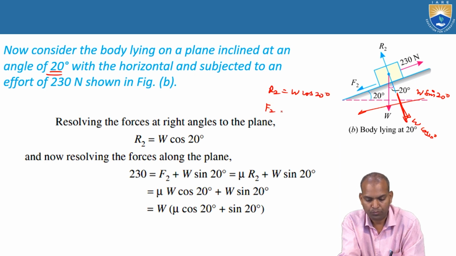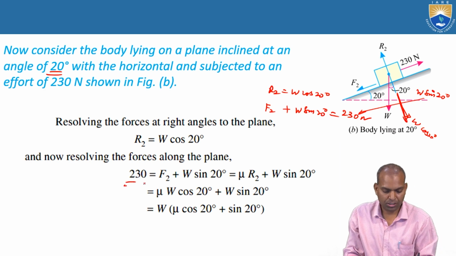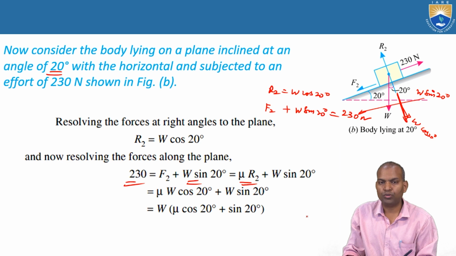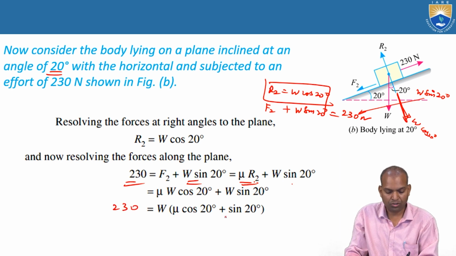F2 plus W sin 20 degrees equals 230 newtons. What is F2 equal to? Mu times R2, with R2 equal to W cos 20. Substituting, and making W common, 230 equals W times (mu cos 20 plus sin 20).